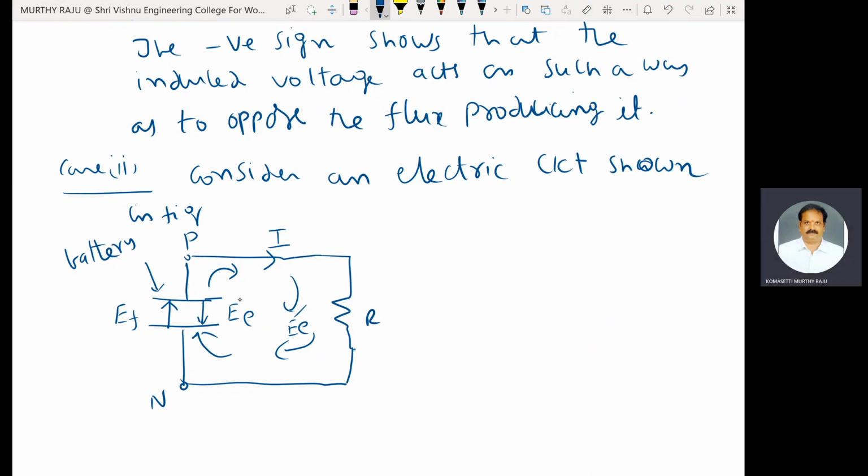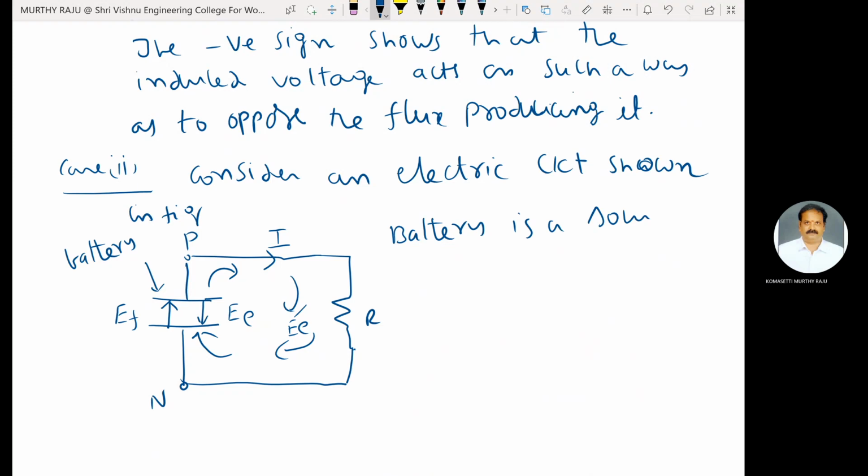The electromechanical action of the battery results in an EMF. The EMF produces a field, E_F, an electric field E_F inside that battery. Battery is a source of EMF.